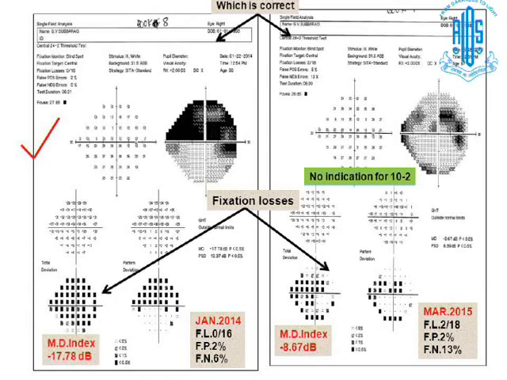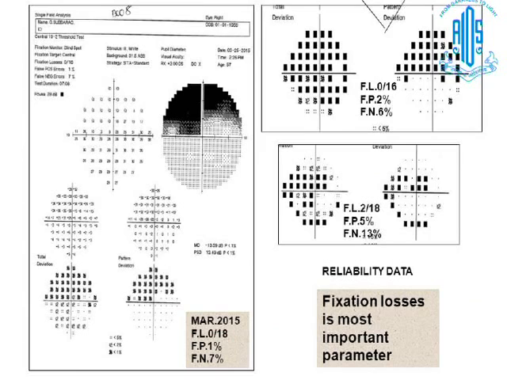If you see the retinal sensitivity, here it is 0, here it is normal. If you want to know which is correct, we have to go for 10-2. If you take 10-2, it corresponds to 2014. So even a 2% fixation loss difference, just 2 fixation losses, is producing a huge change in the visual field printout.